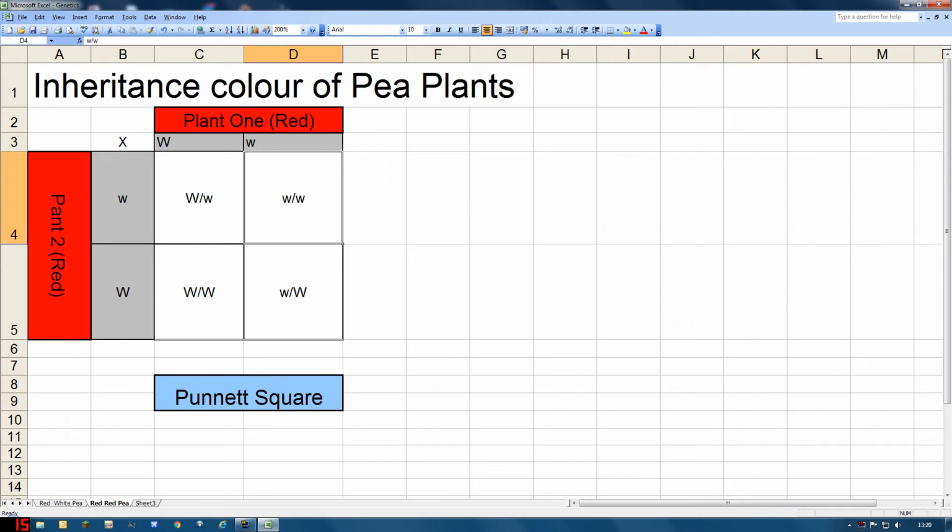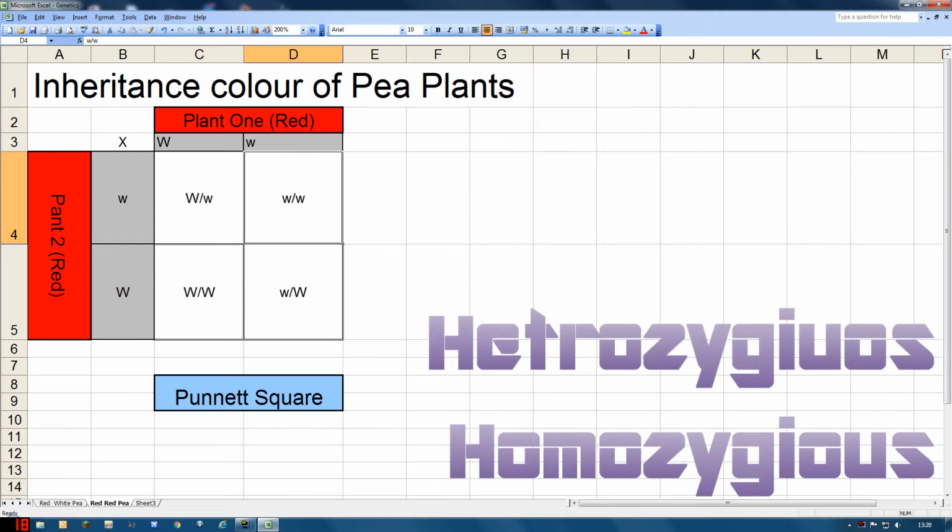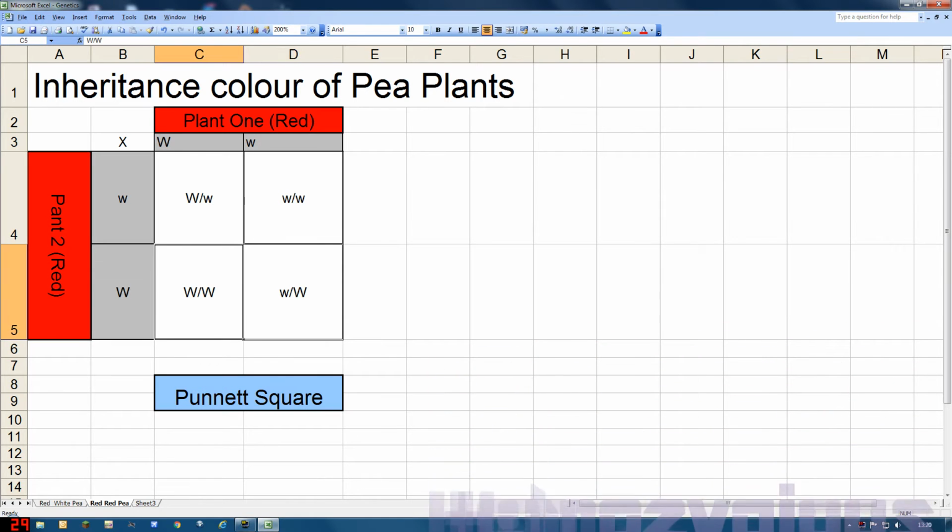We have two plants that are heterozygous, in that they carry both the non-mutated allele and the mutated allele, and then we have two possible outcomes that are homozygous, and they contain either the complete mutated alleles or the two non-mutated alleles.